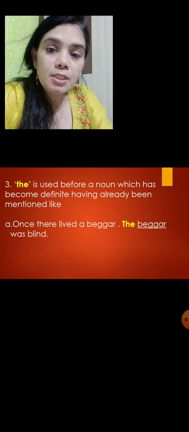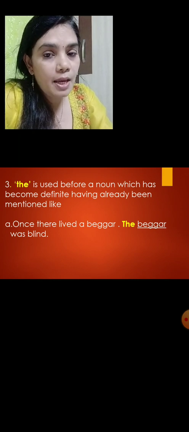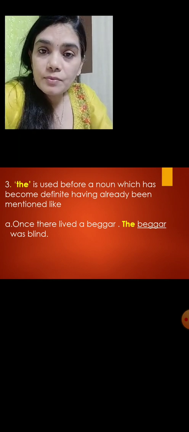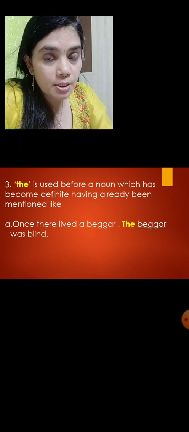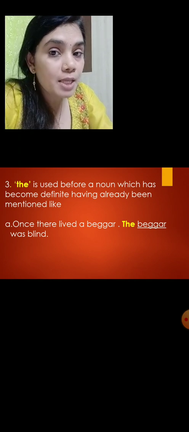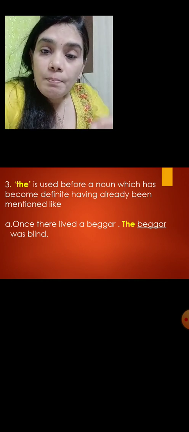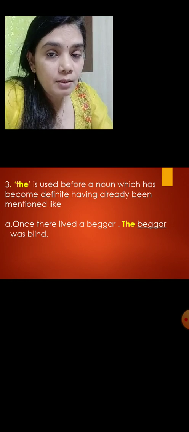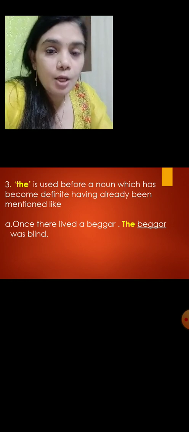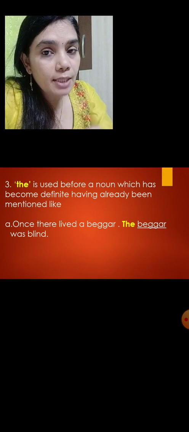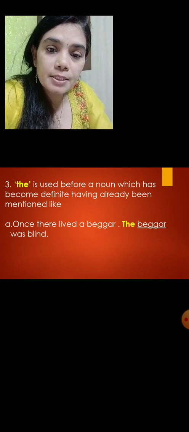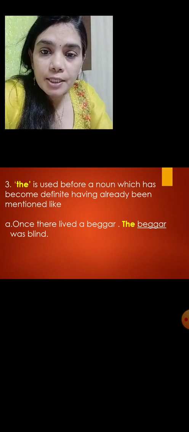The same beggar mentioned in the second line. Once there lived a beggar. It means there was a beggar living there. The beggar was blind. So does it mean all the beggars are blind? No, only that beggar is blind. So here the is specified.